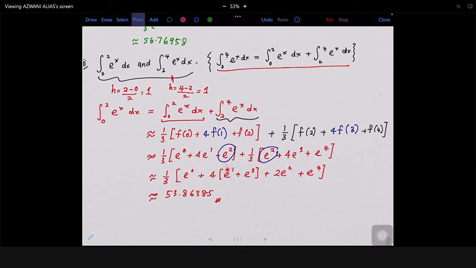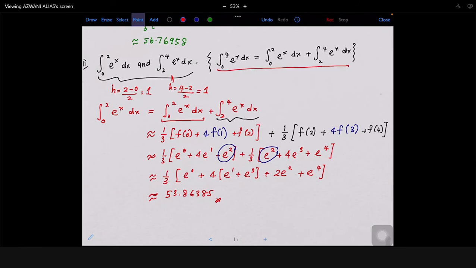Tapi e^1 and e^3 which is the odd point darab dengan 4 and the even point, even titik dalam interval tu darab dengan 2. Yang ni dia reflect kepada formula yang akan dapat untuk composite Simpson Rule nanti. Nanti kita tengok macam mana dapat. So this is the answer.